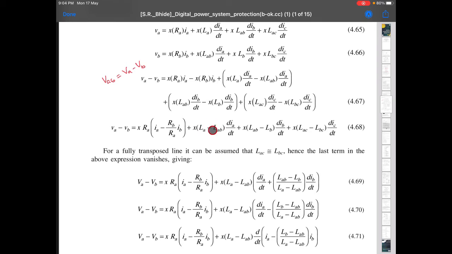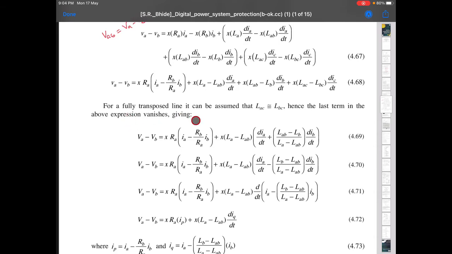Now we go for a transposed line. What is a transposed line? You might already have learnt it in the transmission and distribution subject, but nevertheless I'll explain it once again. This is phase A, this is also phase A, and this is phase A. The whole length is phase A, but it does not run straight throughout the maybe 100 or 200 kilometers.